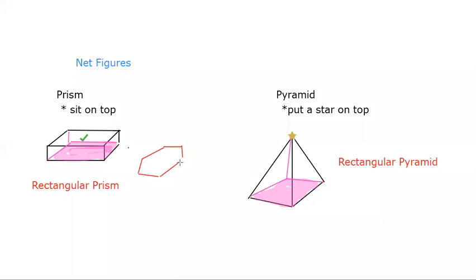A hexagon has 6 sides. And let's just say that this is a hexagonal something. I want you to tell me what kind of shape this is.